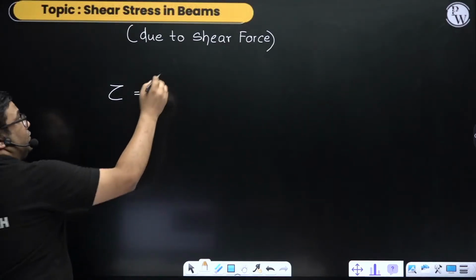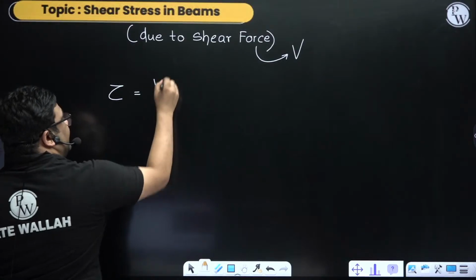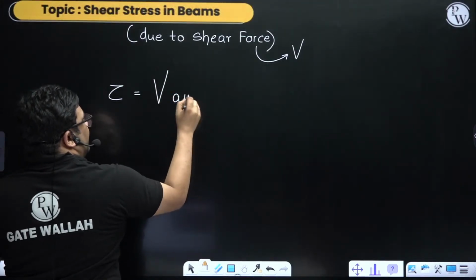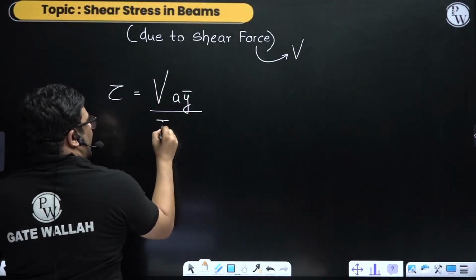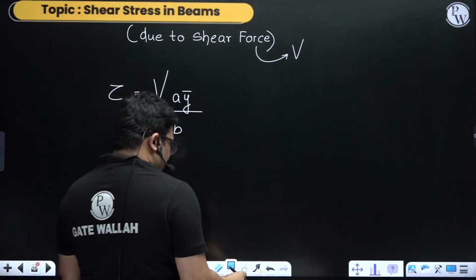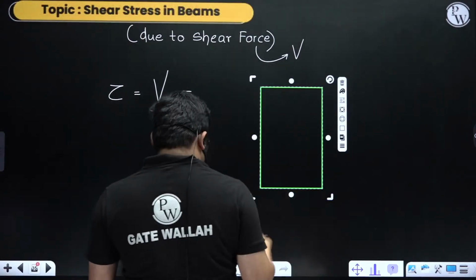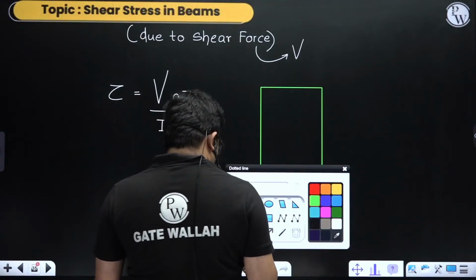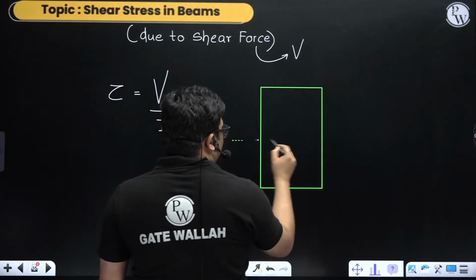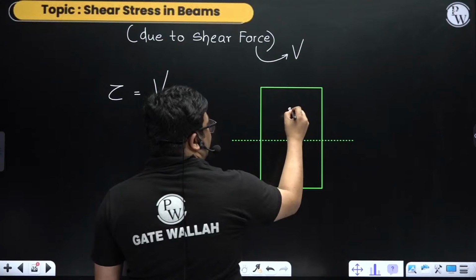Due to shear force V, the shear stress equation is V A y bar divided by I b. We will understand this with respect to a rectangle, then we can apply it to other shapes also. So in a rectangle, this is the neutral axis. Suppose I am interested in finding the stress here.